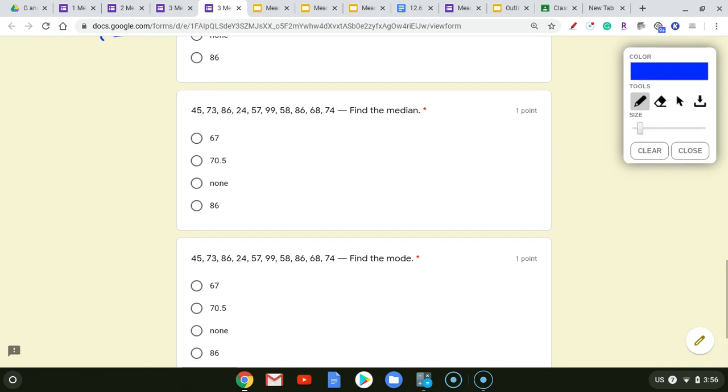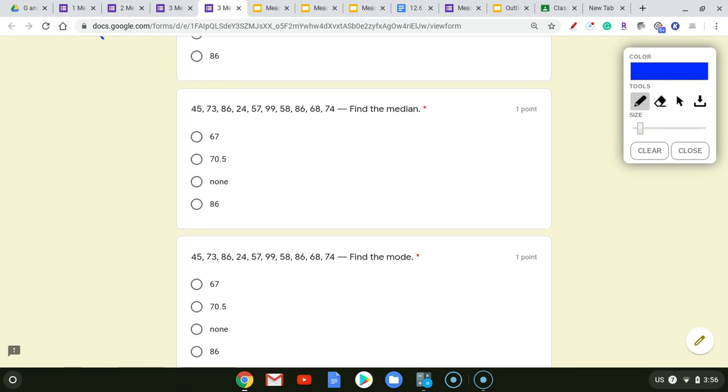All right, find the median. Ooh, I've got numbers I have to put in order from least to greatest. So it looks like 24 might be my smallest.